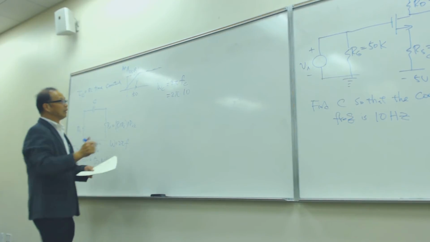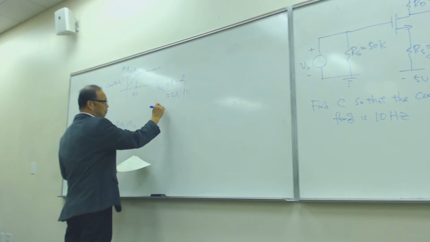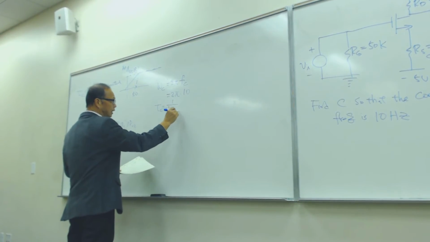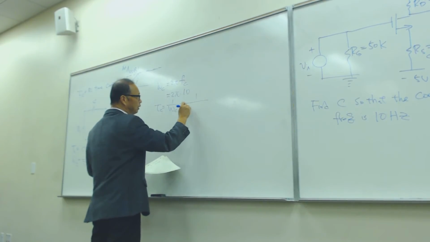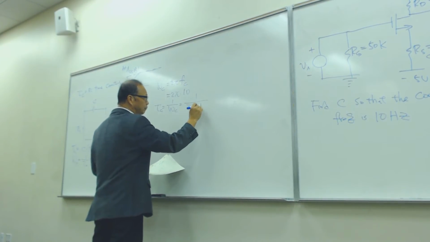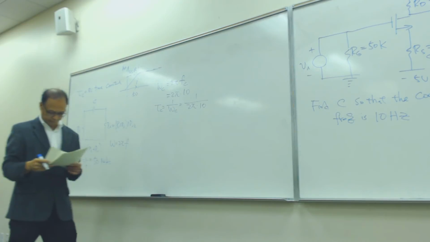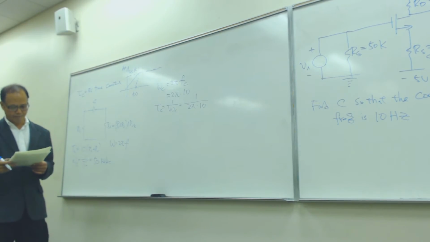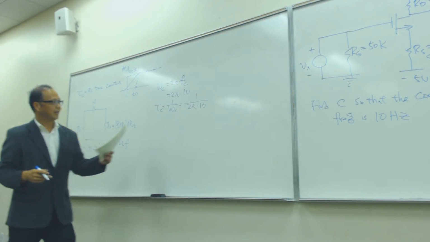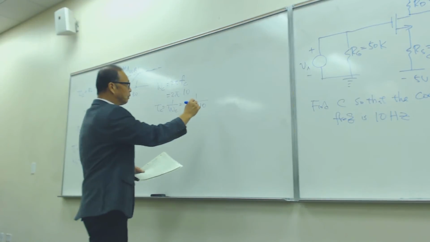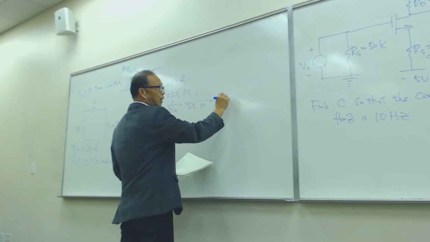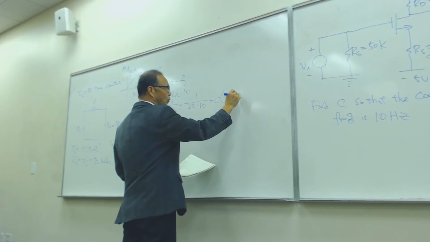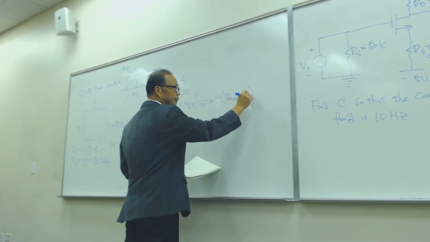So tau sub C will be equal to 1 over omega C, so it's equal to 1 over 2 pi times 10. Correct? And that is equal to C times (R out plus R L).